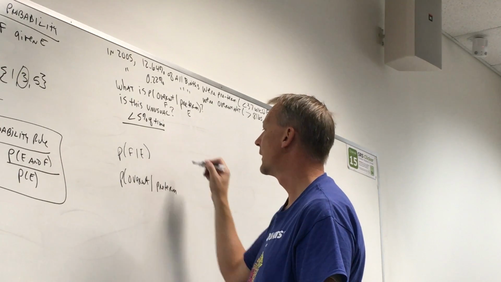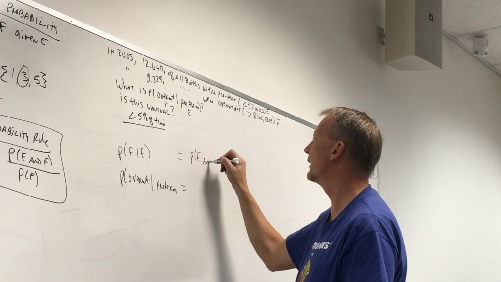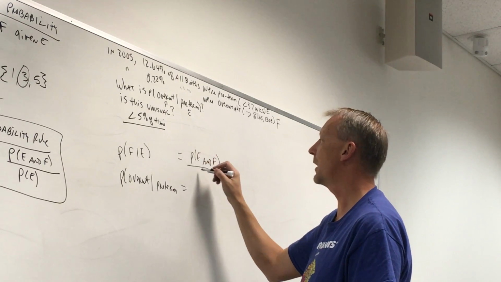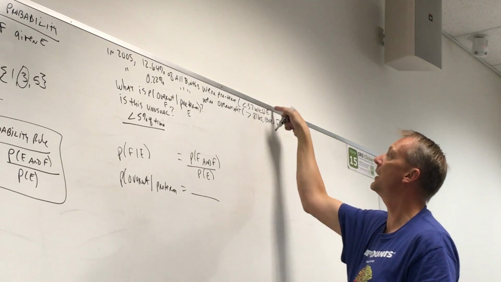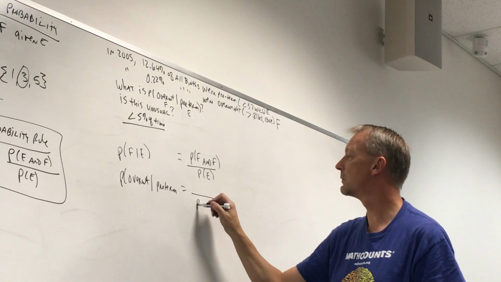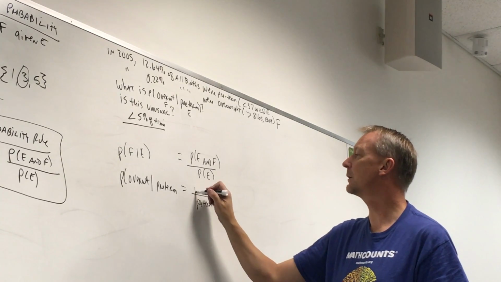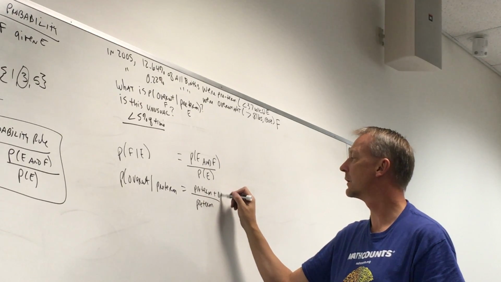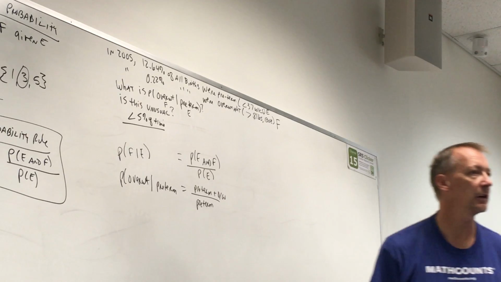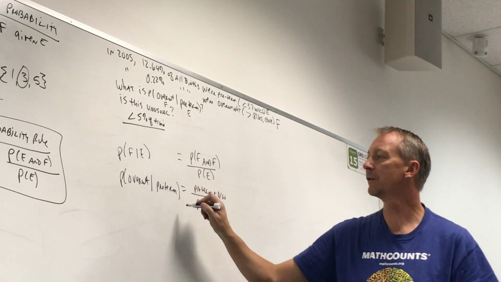That's going to equal the probability of E and F divided by the probability of E. And the probability of E is preterm. And we're saying preterm and overweight. So this is what I'm looking for.